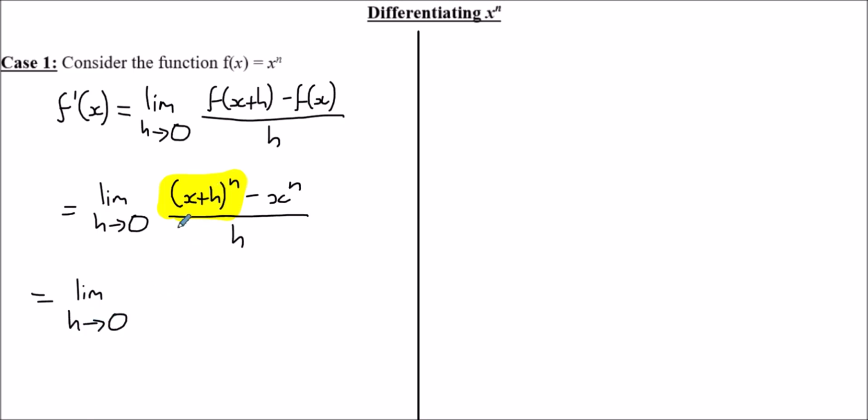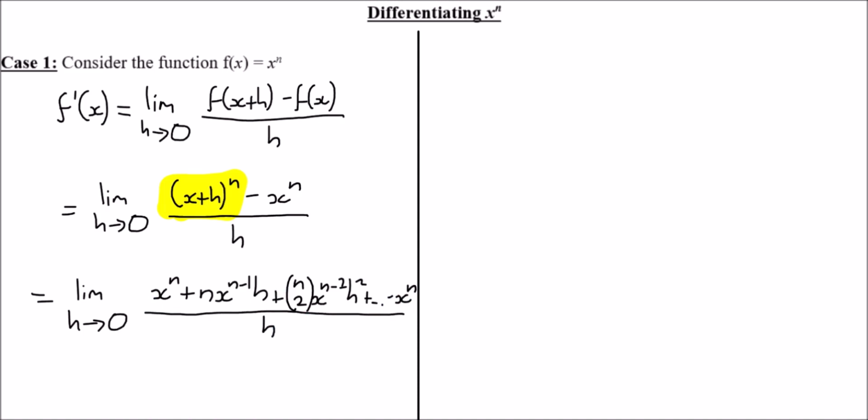Well, we proved this was the same thing as x to the power n plus n x to the power n minus 1 h plus n choose 2 x to the power n minus 2 h squared plus dot dot dot plus, whoops, not plus, sorry, minus x to the power n. That would have been rather silly, wouldn't it? Anyway, so all of that divided by h.